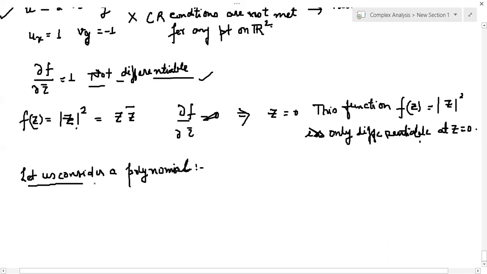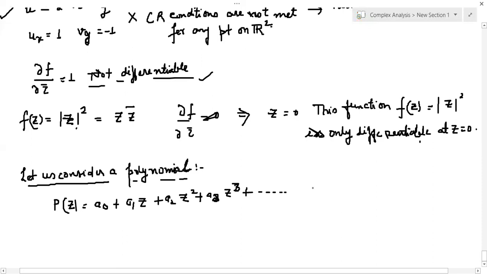Let us say p(z) is equal to a naught plus a1 z plus a2 z square plus a3 z cube and so on up to an z^n. So let us consider that this is a polynomial, and let us change this z by z bar.